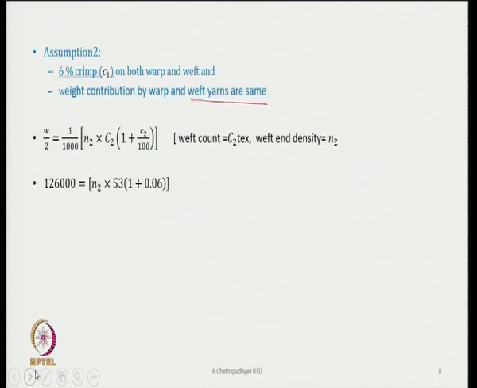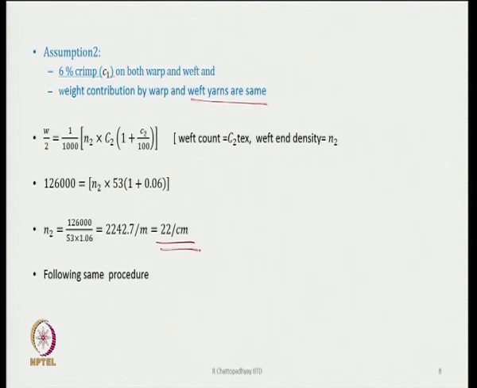Solving this, we find the value of N2 is 22 per centimeter, and by the same procedure the warp end density N1 is going to be 37 per centimeter.